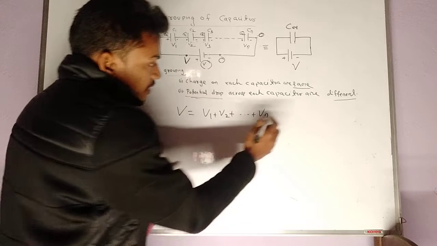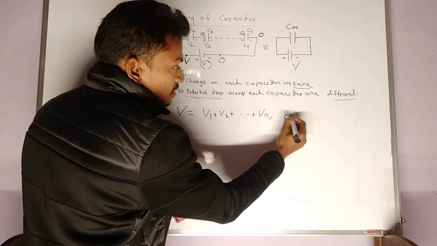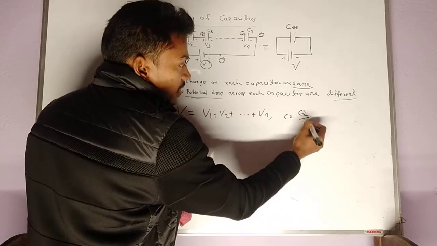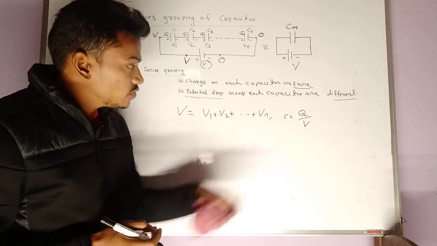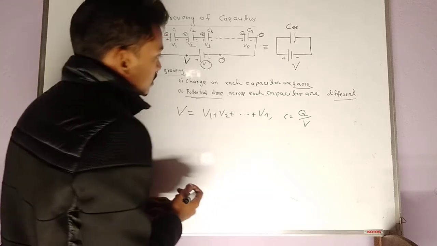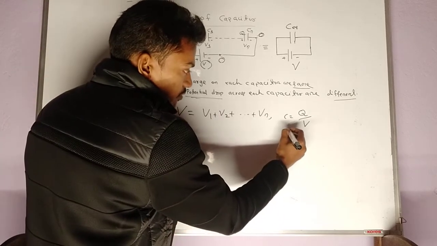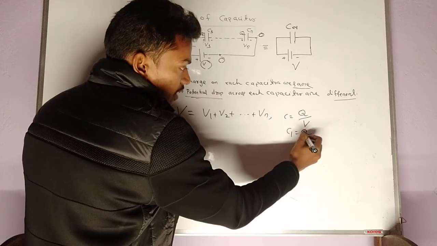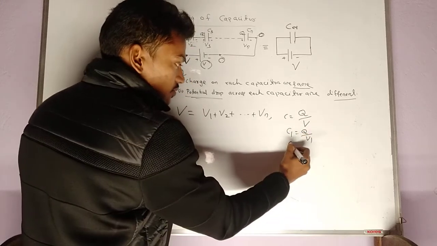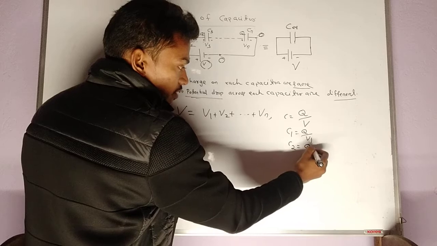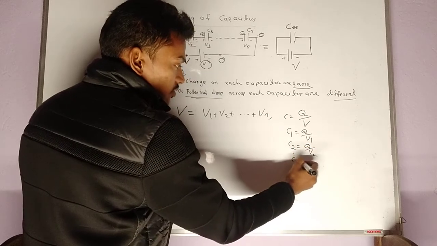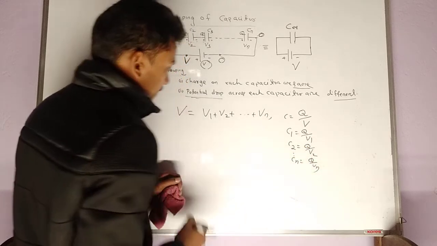As you all know, capacitance C is given by charge Q by potential difference V. So C1 will be Q by V1 and C2 is equal to Q by V2. Similarly Cn will be Q by Vn.